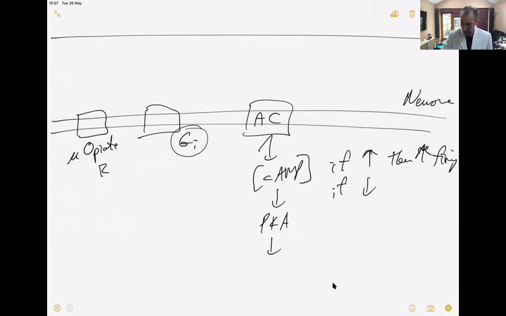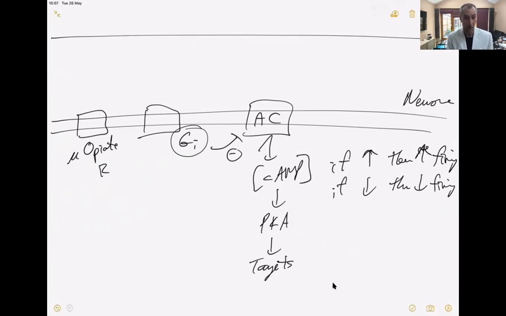If it decreases, then there's a decreased rate of firing, a decrease in the probability of an action potential. So Gi inhibits adenylyl cyclase, so cyclic AMP levels drop, PKA activation drops. We'll just say targets at this point. We can go through that in more detail next year at some point. So it decreases neural activity.